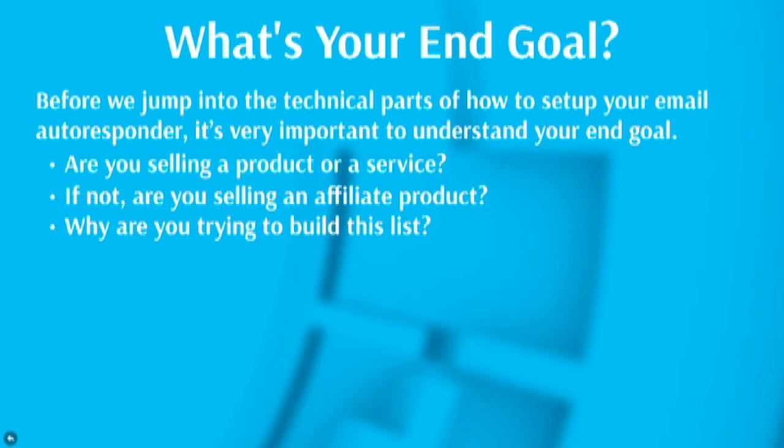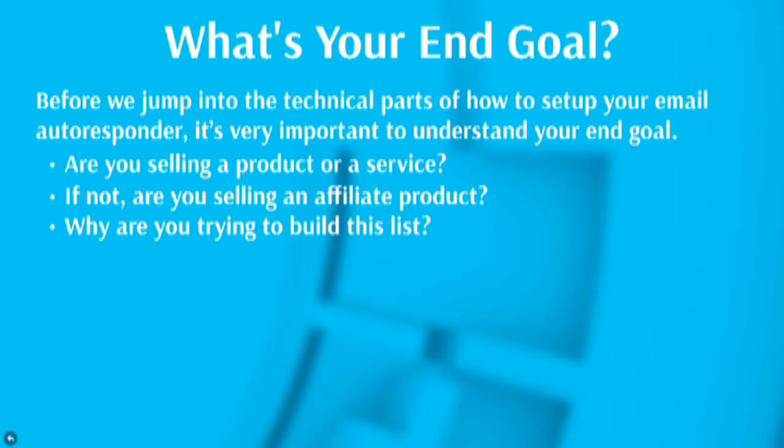In other words, if you're selling a product or service, you need to clearly understand what are the problems that your prospect faces, right? And give them tips and pointers along the way, and build a relationship with them, gain their trust so that they're interested in your product or service. Now, if you're selling an affiliate product, on the other hand, then you may not be required to do all of that.